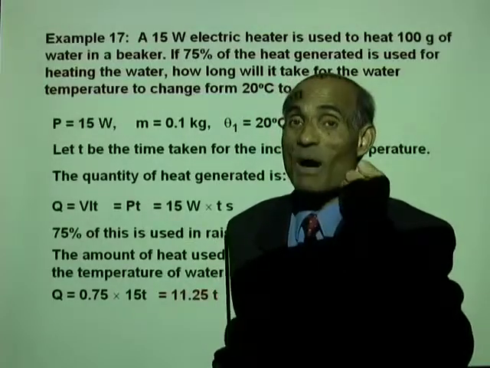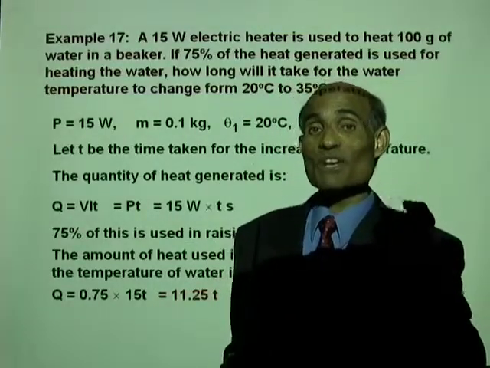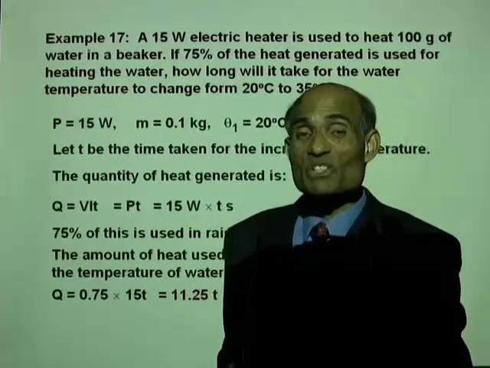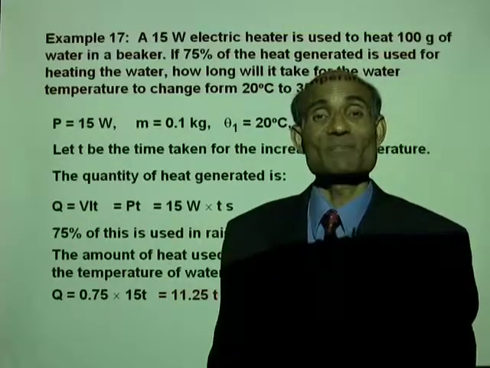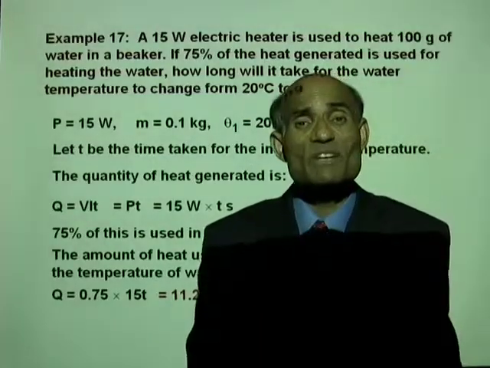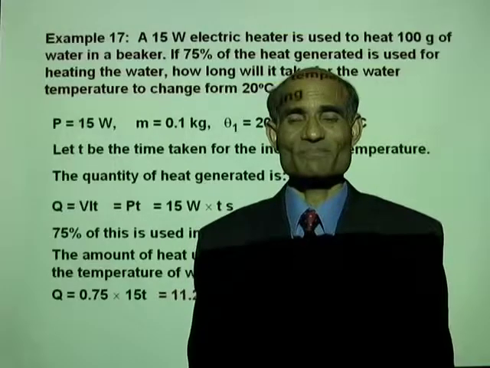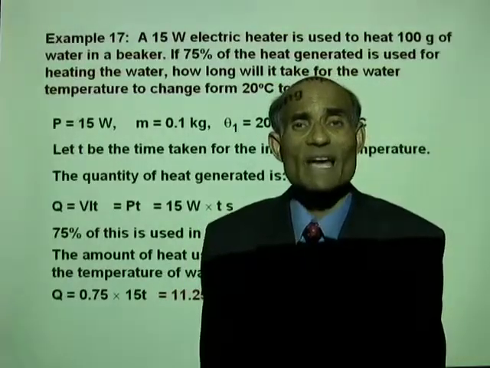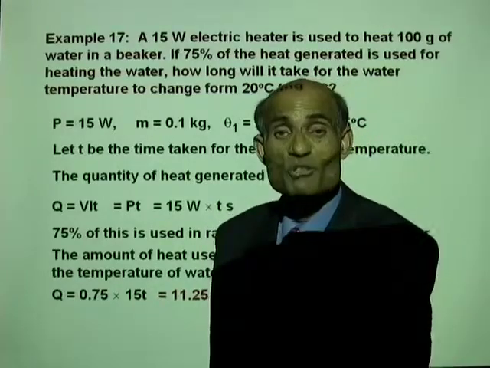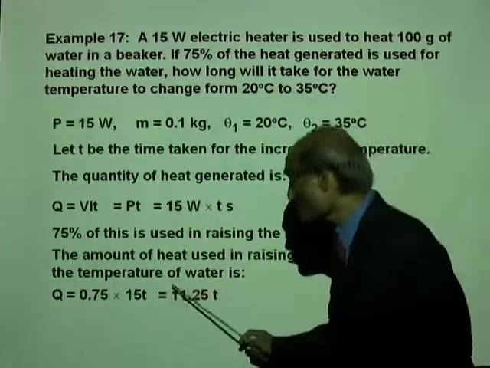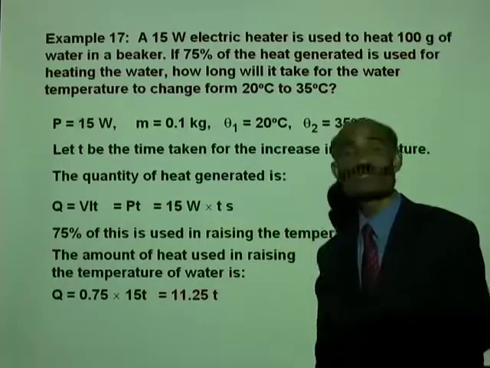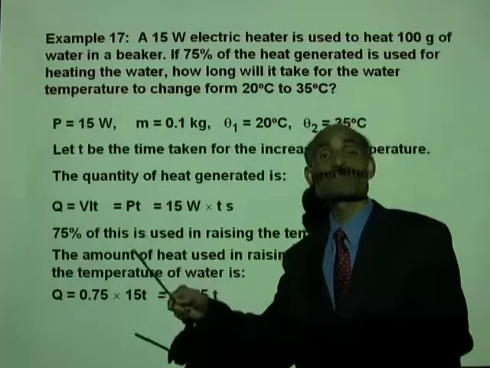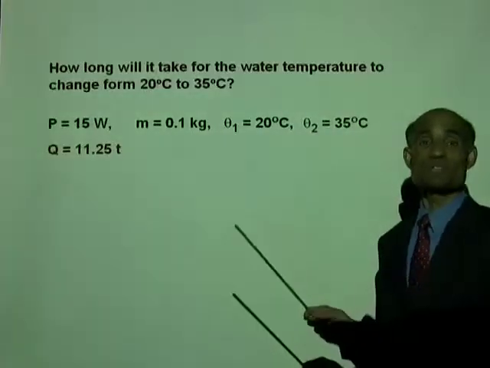That means the amount of heat used by water to increase its temperature is mass times specific heat times change in temperature. Alright, what is the specific heat of water? You remember that one? It's 4,180 joules per kilogram per Kelvin. So this 11.25 T must be equal to mass times specific heat times change in temperature.